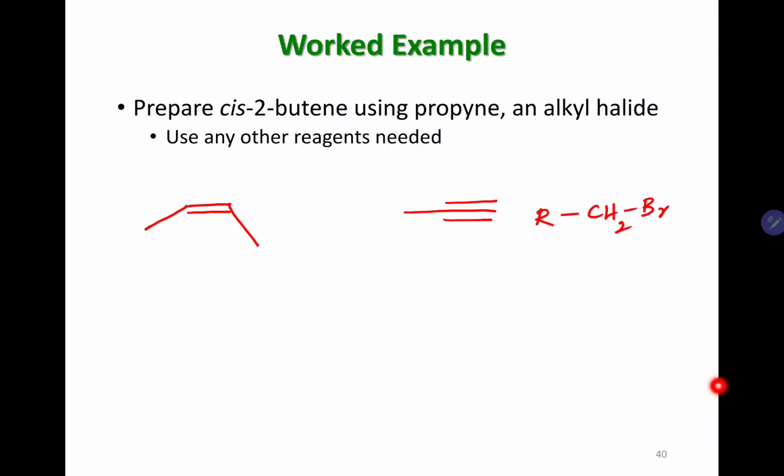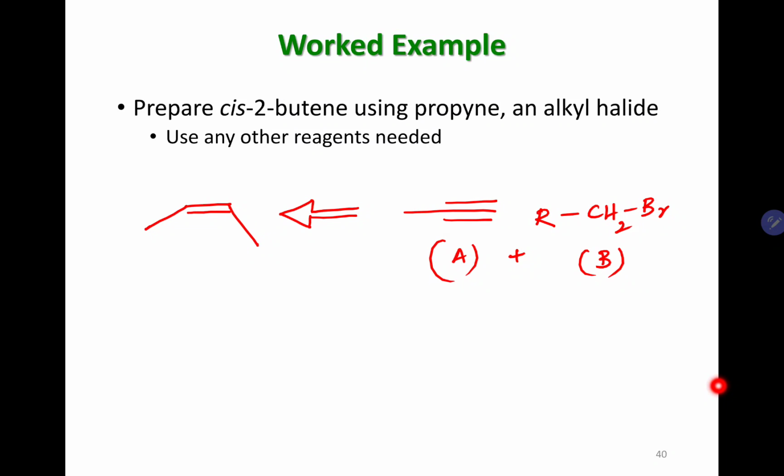You want to use propyne, this is A, and B, an alkyl halide, and try to synthesize cis-2-butene. This is what you need to do in this reaction.